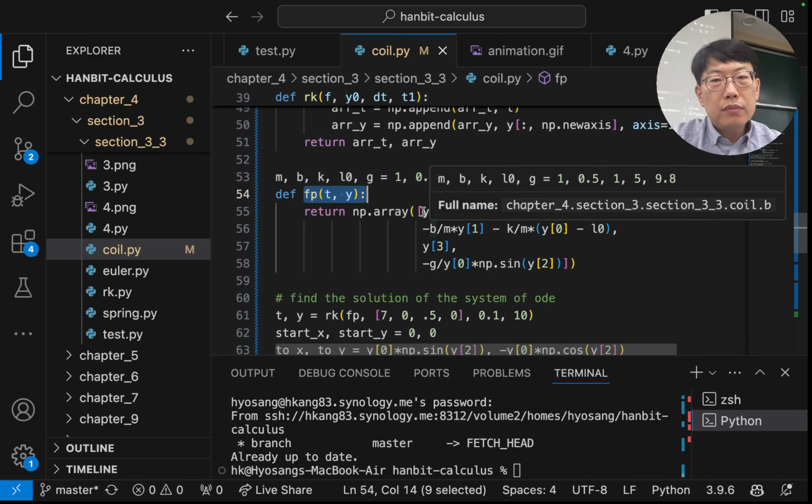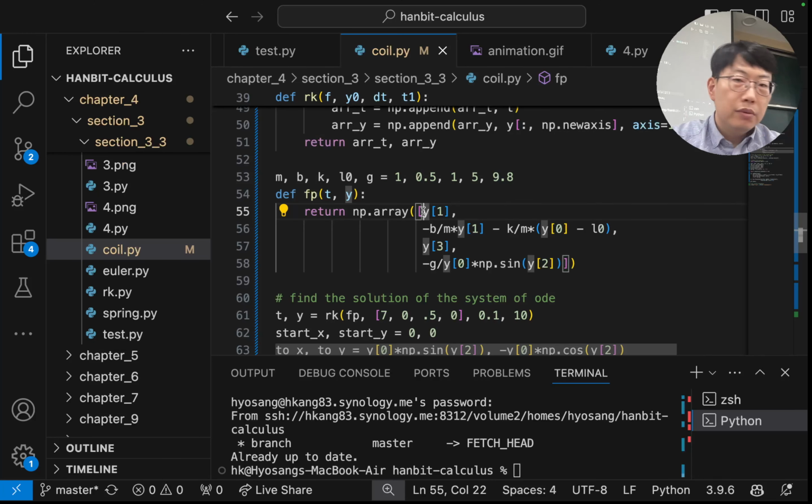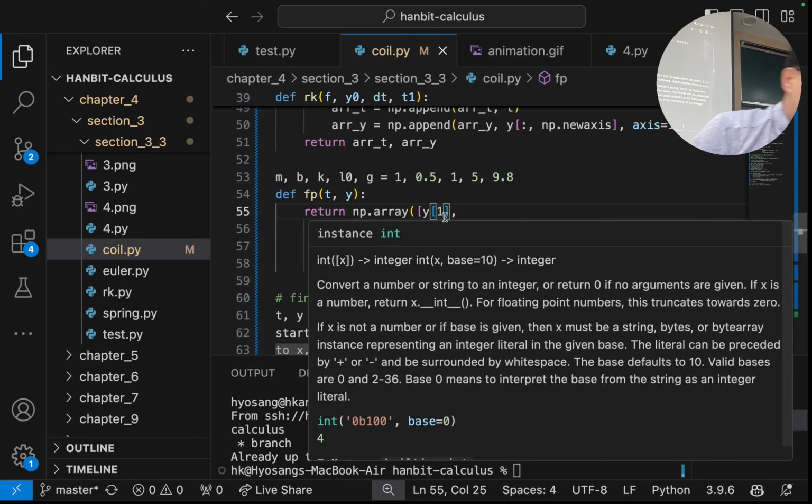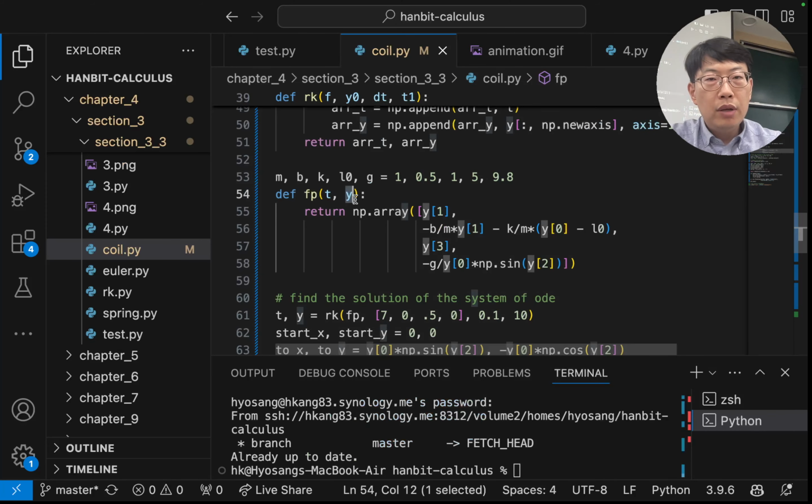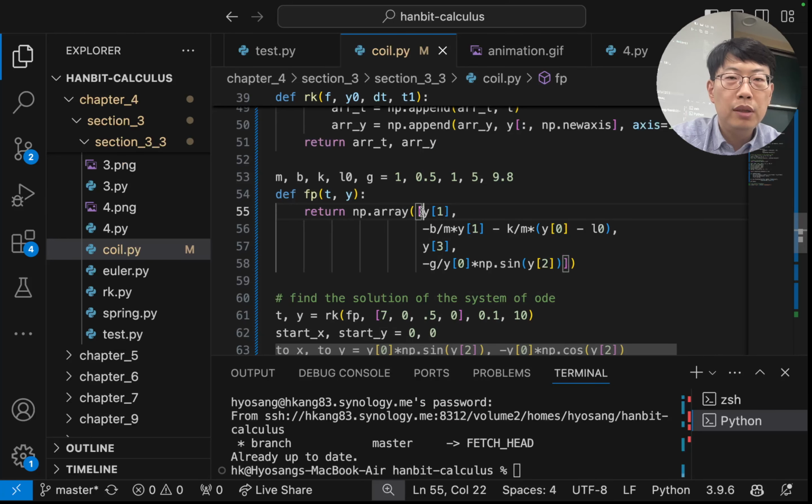The first one: you have to change the index starting from 0 because all Python indices start from 0. So what you see as y1 is actually y2.